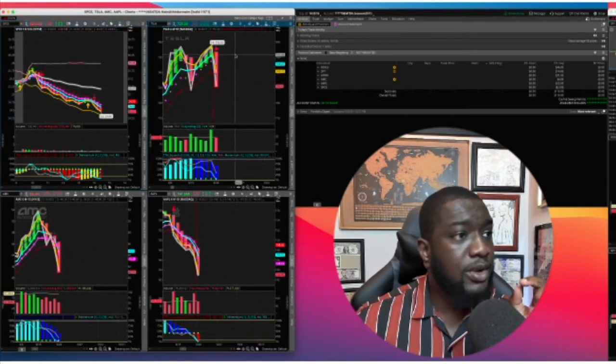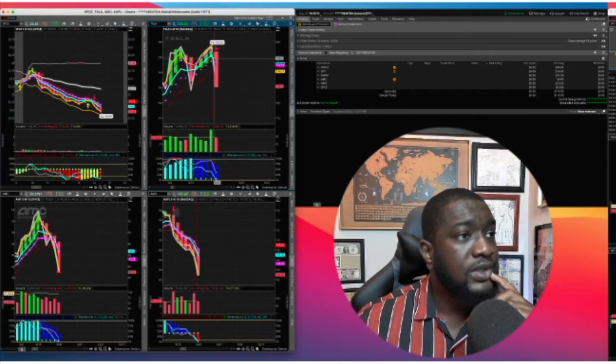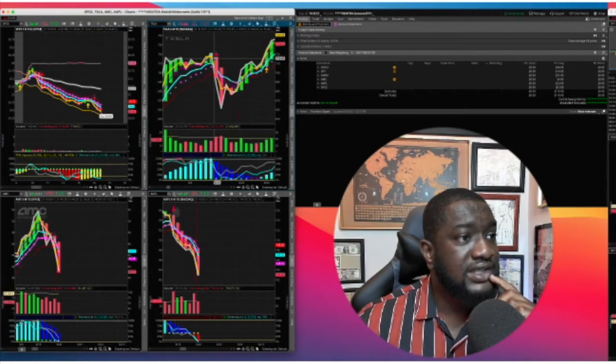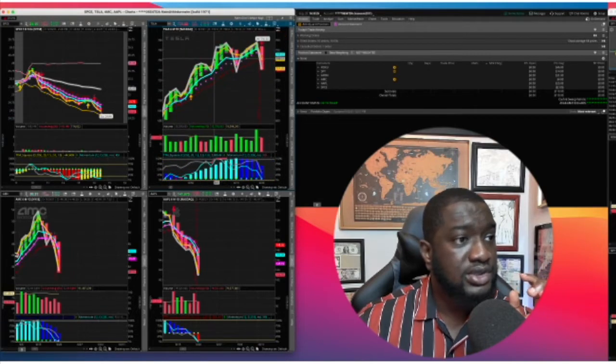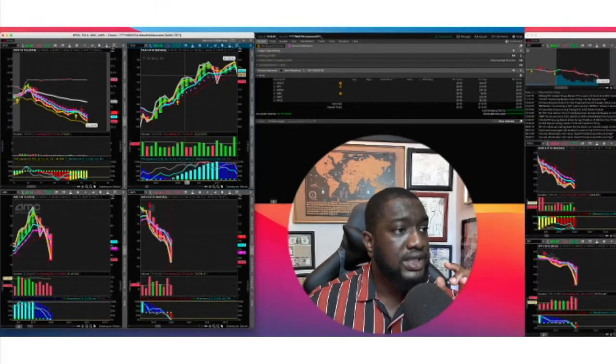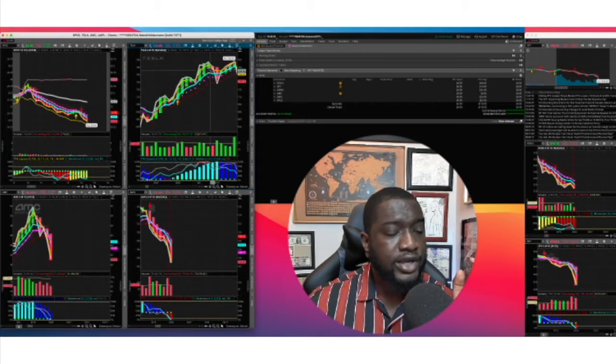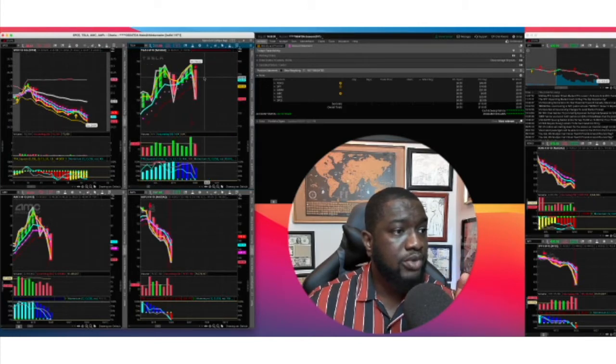And then on the top right here, this is my Tesla. This is how I watch Tesla to swing trade it. Look at this right here. Isn't this such a beautiful thing? If you're able to trade this upwards, this is quite amazing.